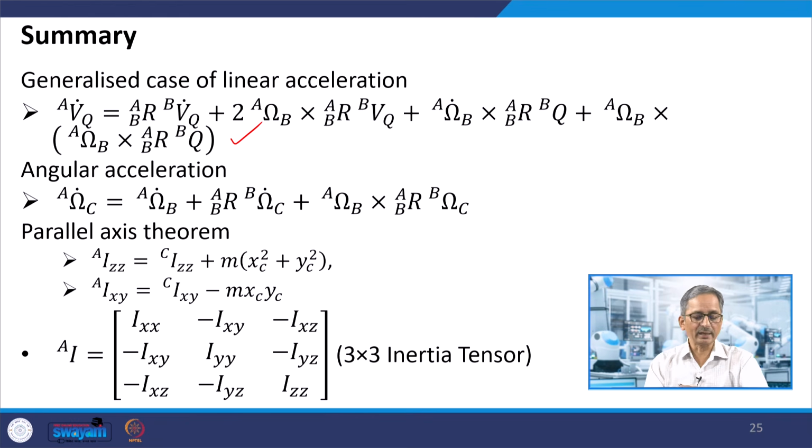Then we have seen the angular acceleration expression, we have seen the parallel axis theorem which we use for evaluating the moment of inertia at the parallel axis, and this is the inertia tensor which specifies the distribution of the mass in a rigid body. So, these are very important concepts and we are going to use them when we discuss the dynamics of a manipulator.